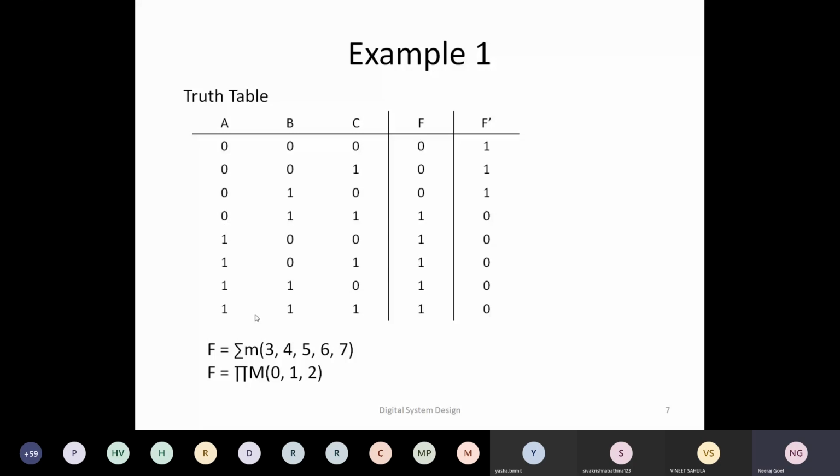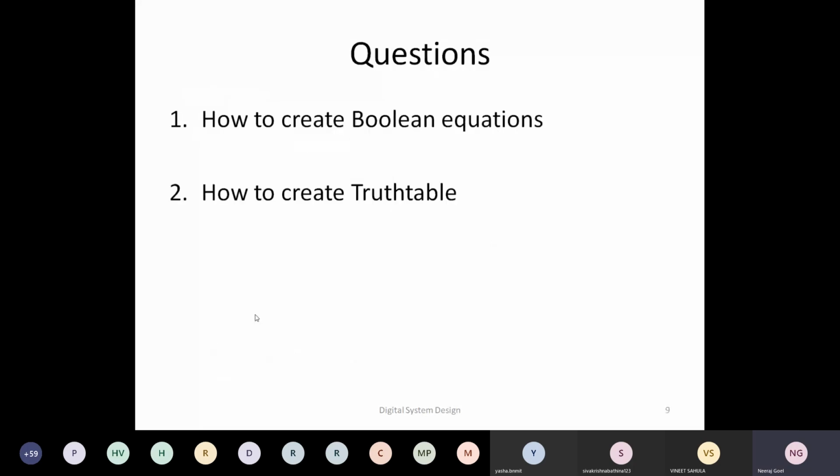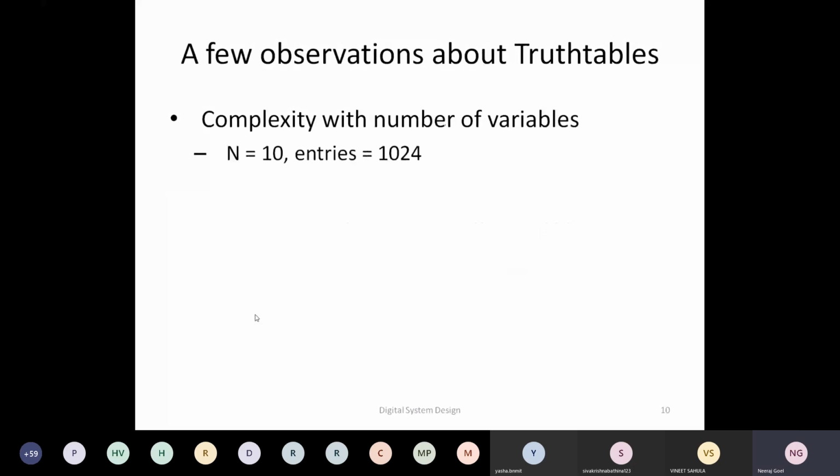If the number of variables is 10, then it's 1024. If the number of variables is 20, then the number of rows in your truth table would be more than 1 million.